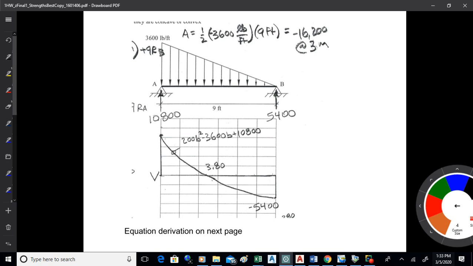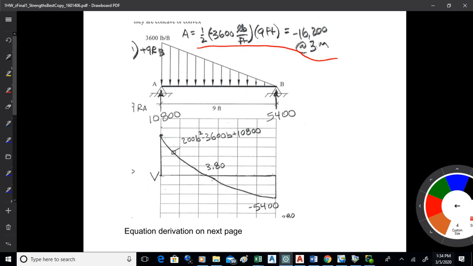Those arrowheads point down, so that's a negative area. 1/2 times the 3,600 on the left times the span of 9. So it's negative 16,200, okay? And that's located at 3 meters over, of course, because the centroid's 1/3 of the 9 from the right angle.